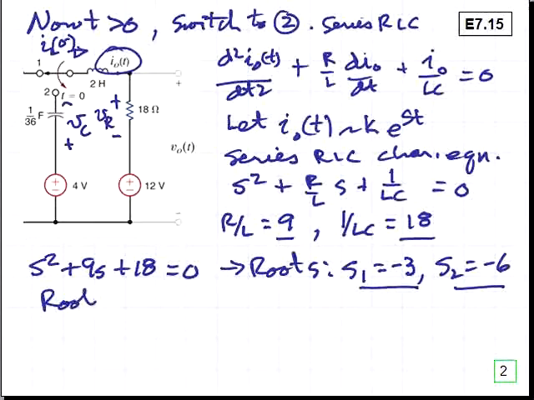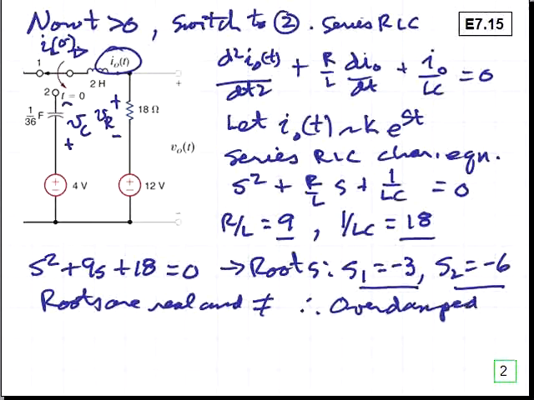We see that the roots are real and unequal, and therefore our response is expected to be overdamped. So we've used our assumed form here: I_O of t is equal to k1 e to the minus 3t plus k2 e to the minus 6t.